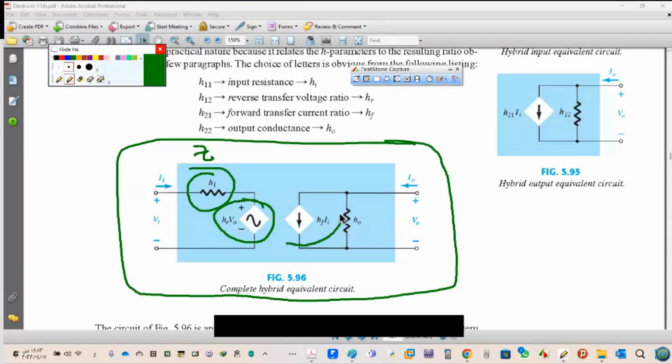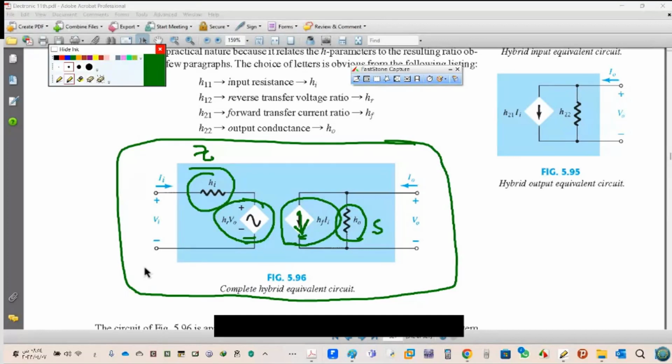This is a dependent current source. And this is the admittance that we talk about. This is in Siemens. This is unitless. And see the direction of the arrow from up to down.